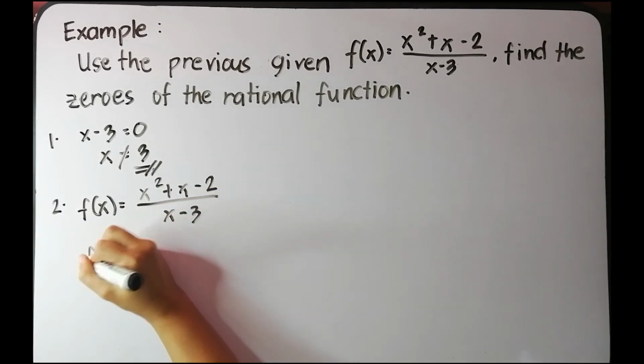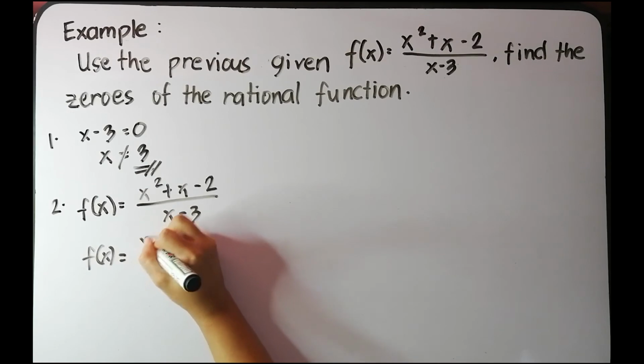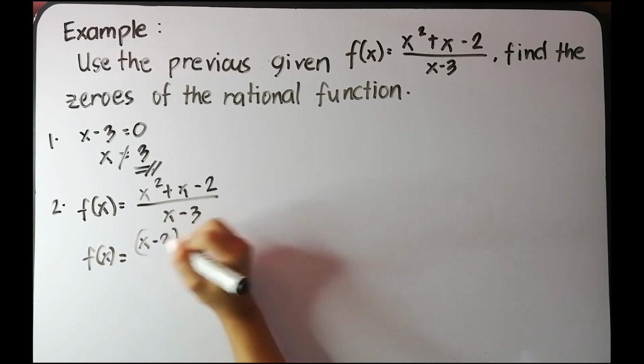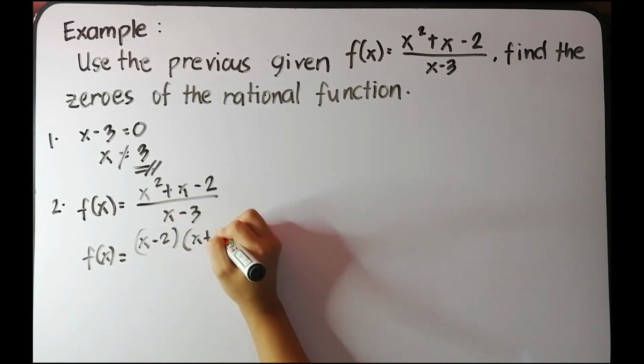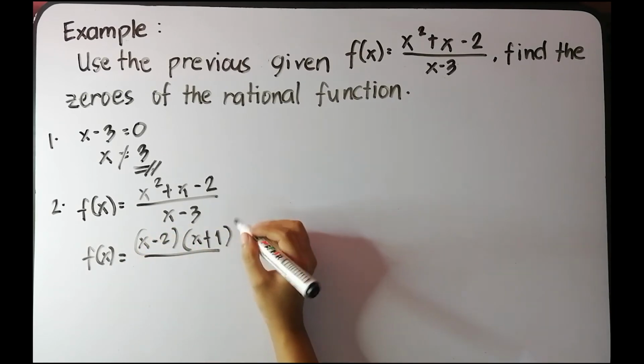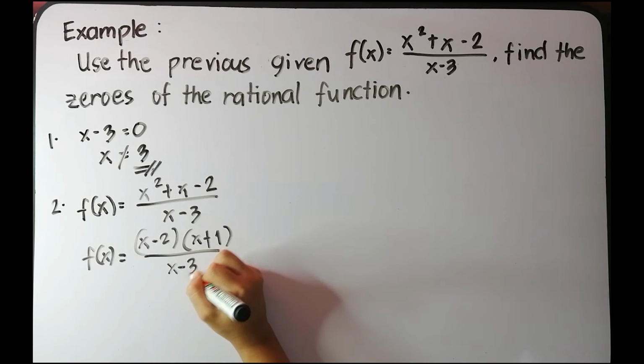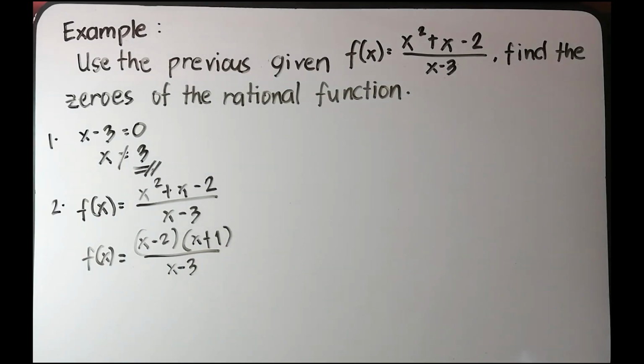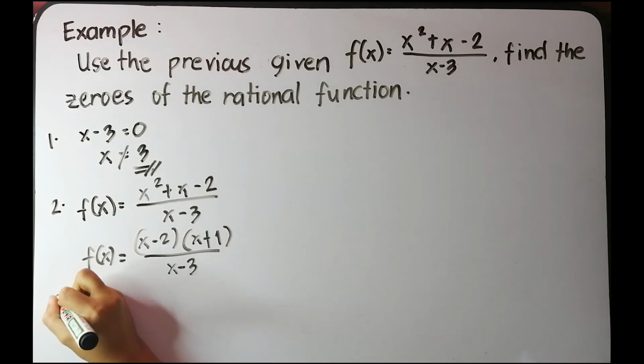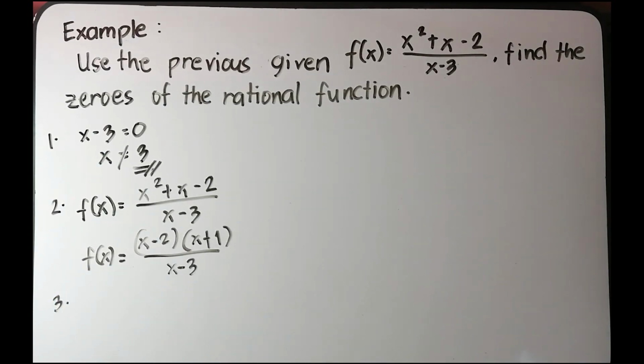The numerator's factors are x minus 2 and x plus 1. And your denominator, since it's already in the lowest terms, is x minus 3. Are there any common factors? We have none.